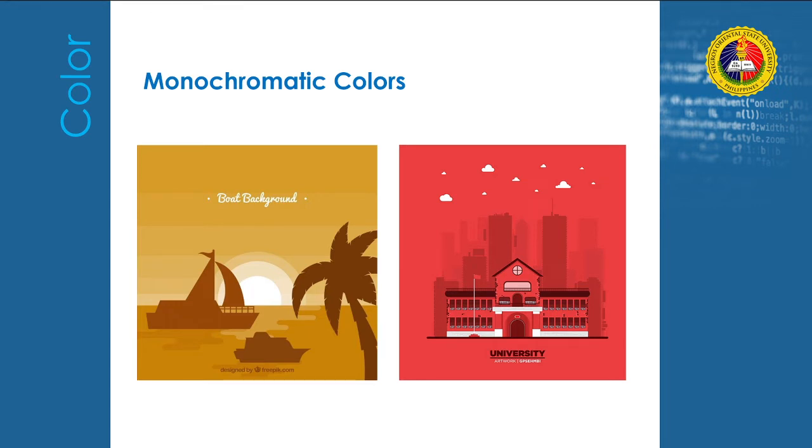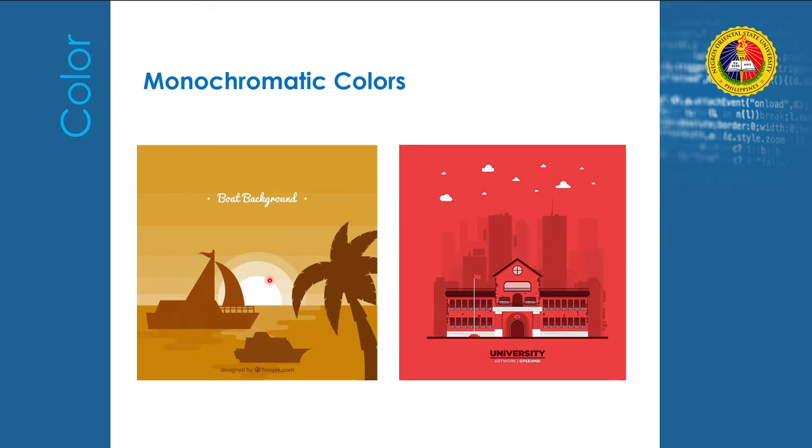Anyway, again, these are some examples of graphic design that uses monochromatic colors. As you can see, there is one specific color that stands out in the overall design. For example, it could be orange. So this particular graphic design uses orange as the color and uses monochromatic colors to fill the entire graphic design.